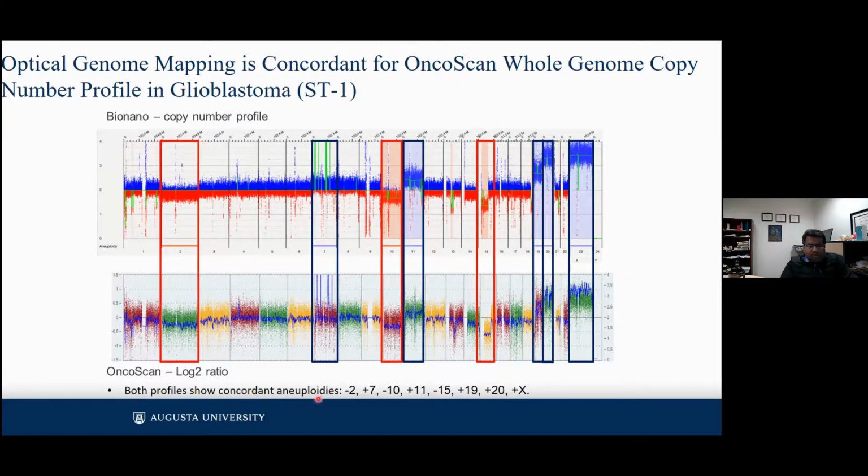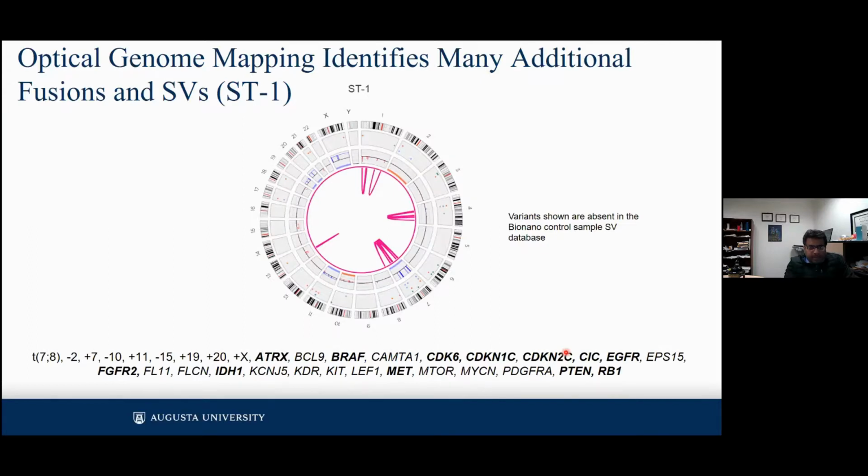Both the profiles show concordant aneuploidies in 2, 7, 10, 11, 19, 20, and X. Again, I'm repeating the story case after case, but just to bring a point to each and every one that not only do we have a concordance with what we are able to see on the SNP microarrays, but on top of that, there is significant additional information OGM adds to the knowledge base in these adult brain tumors.